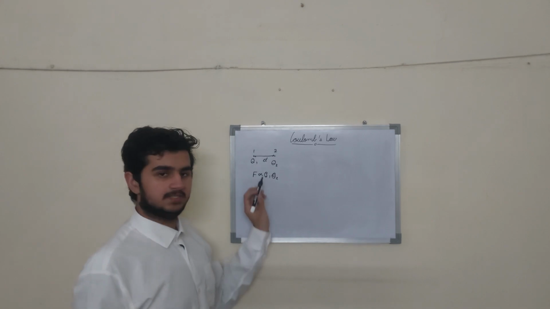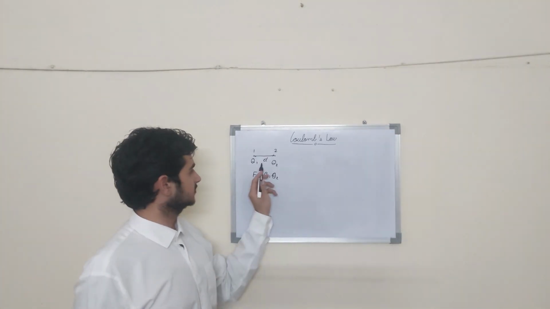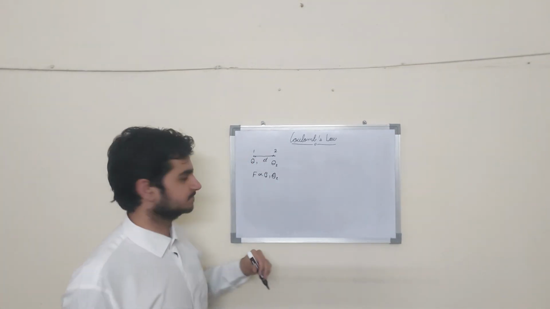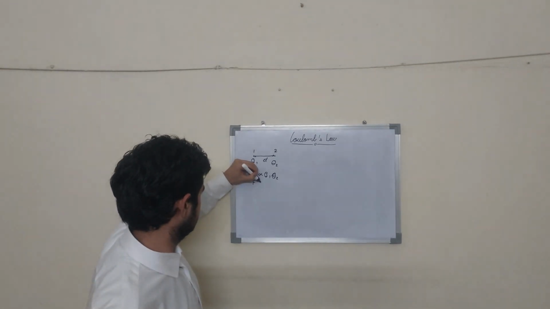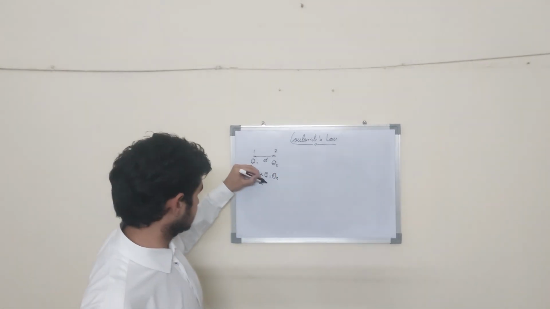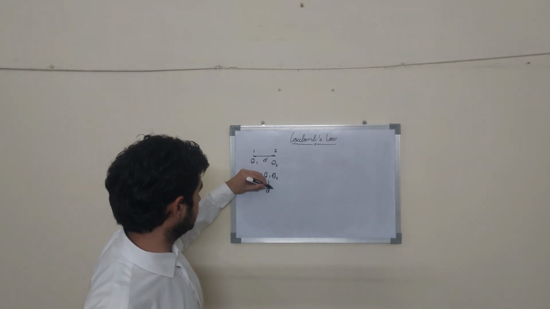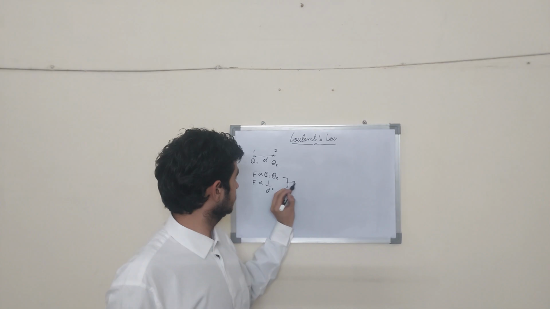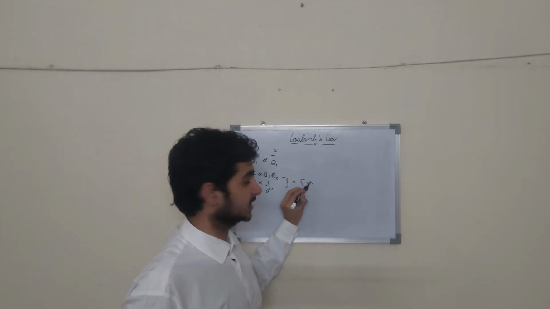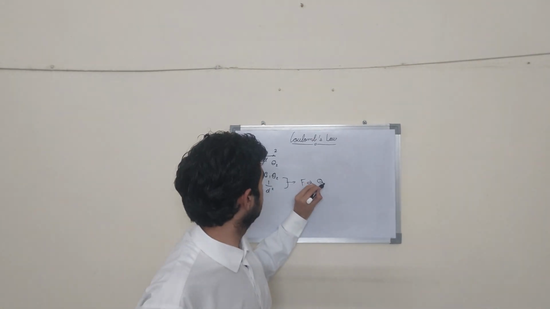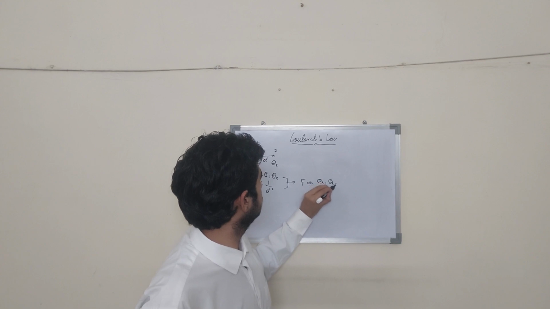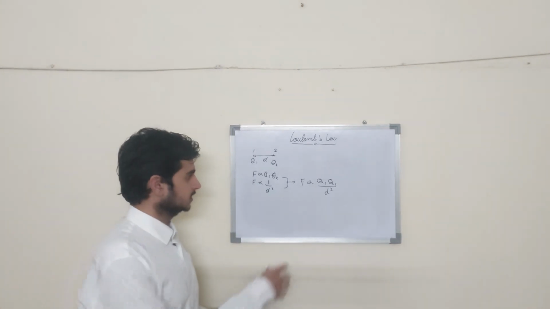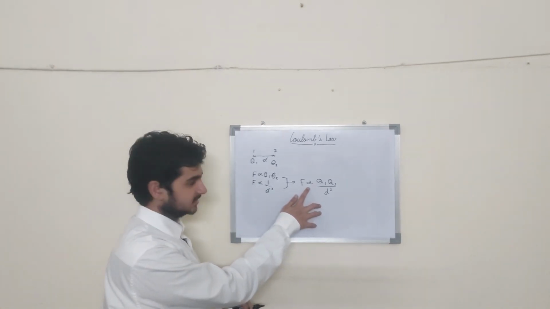And the force would be inversely proportional to the square of the distance separating them, got it? 1 upon d square. And we can combine these two to form that force is directly proportional to Q1 Q2 upon d square.